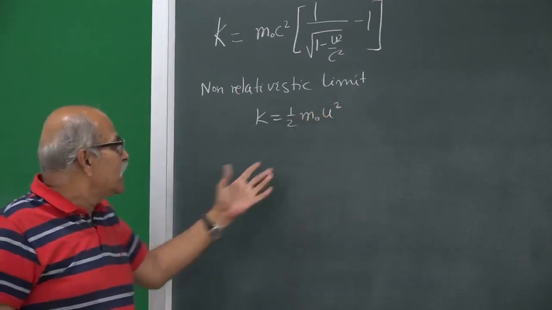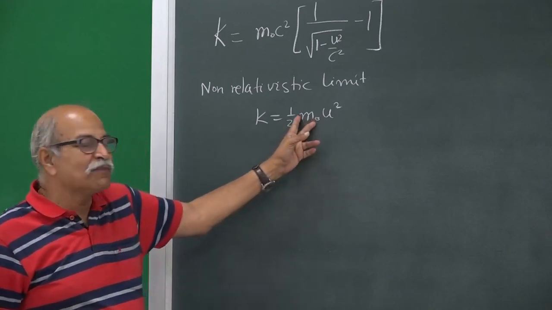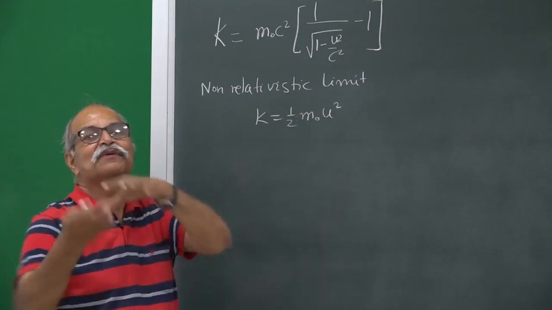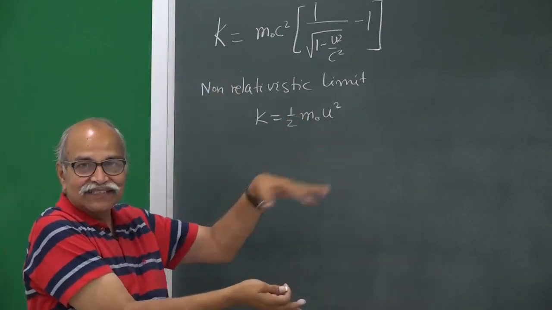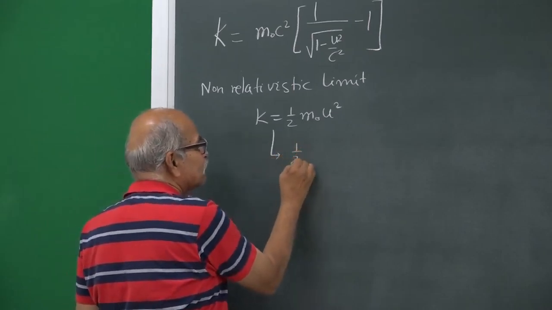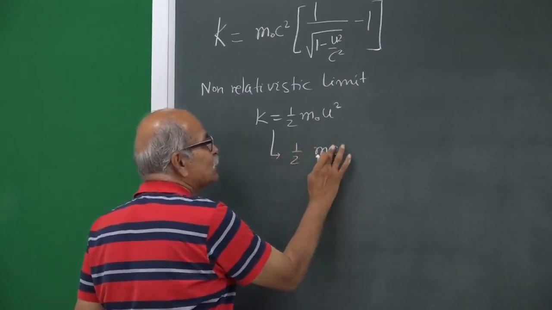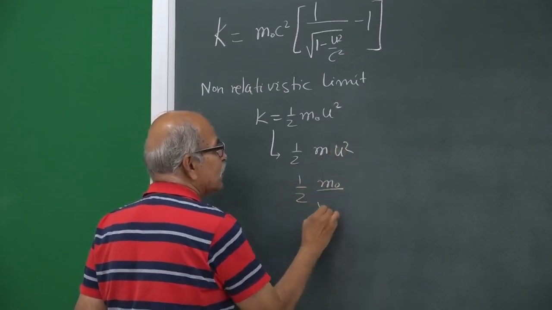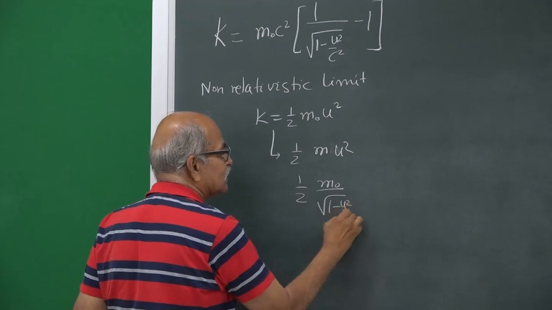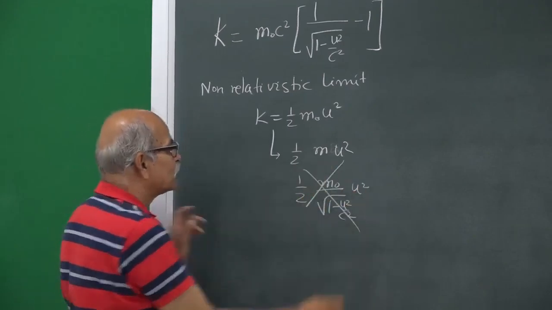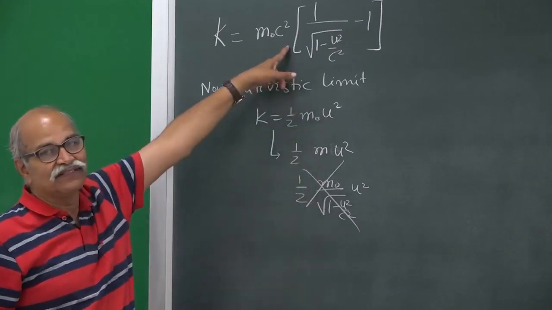If you say that, in place of rest mass, the mass increases because of velocity, and therefore we have to put that increased mass, that relativistic mass, here and modify this as half m times u square, which is m naught by square root of 1 minus u square by c square times u square. It will not work, it will not work. This is not the same as this.